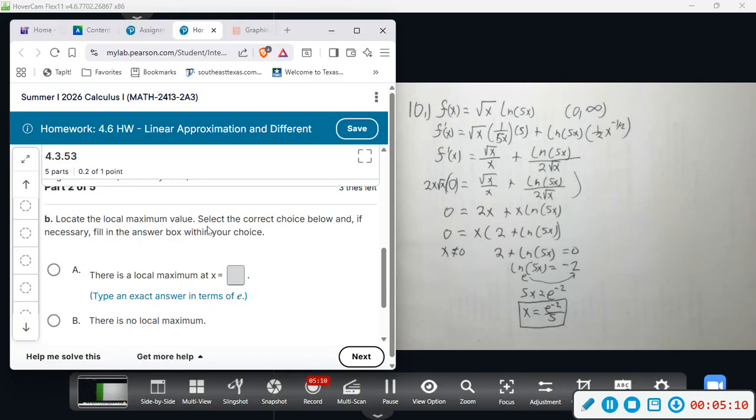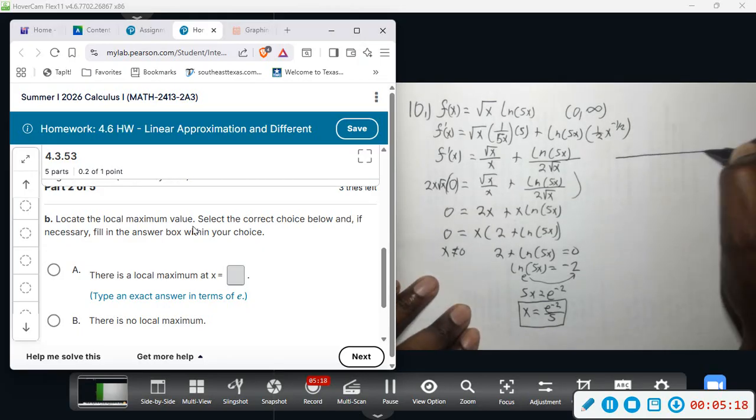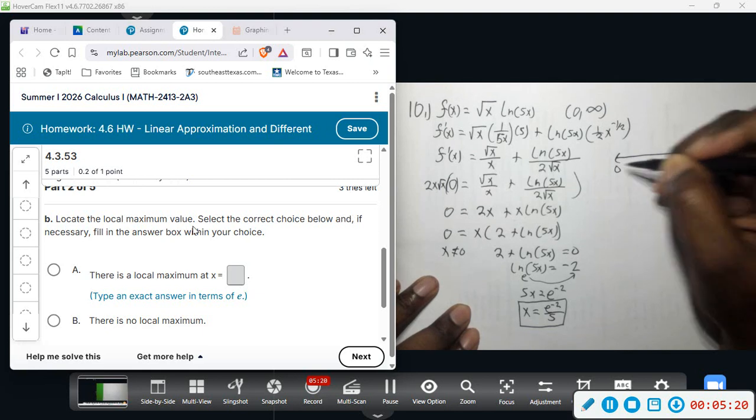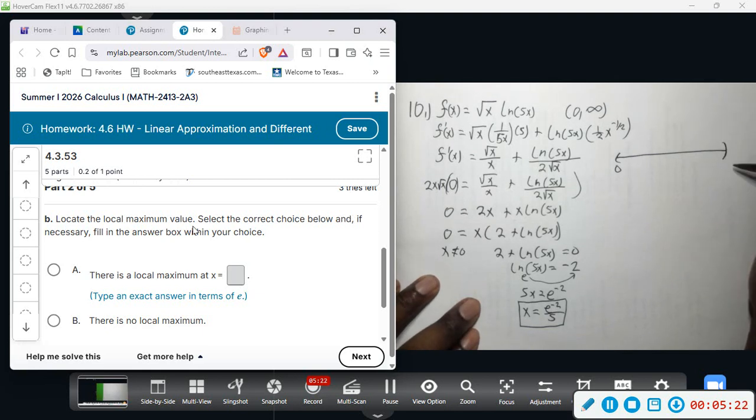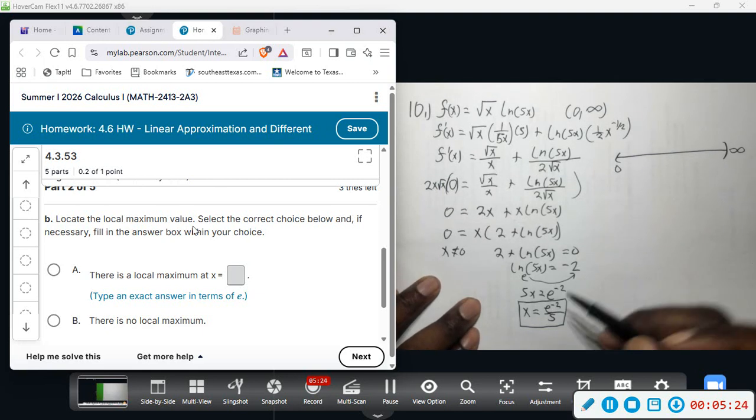This says locate the local maximum value. All right, so we're going to put this on the number line and do test points. So this is 0 to infinity. This value, just round this to about 3. Let's just say 3. 3 squared is 9. 9 times 5 is 45.